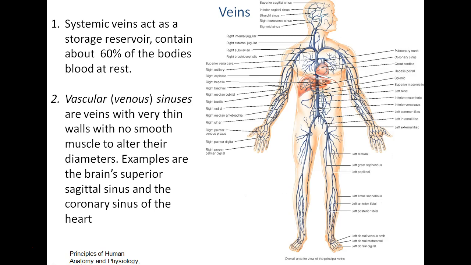Another example would be the sagittal sinus in the brain, or the skull, I should say. On the right is a general map of all the vessels in the human body. For our lecture class, we're not memorizing those structures. That is mostly for the lab class to go through those venous structures.